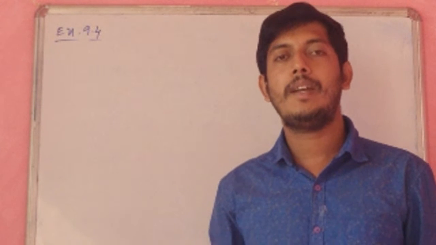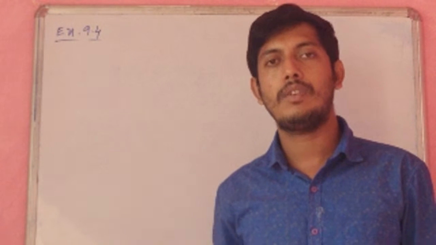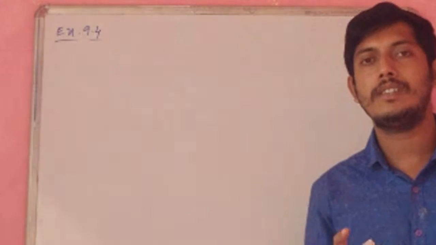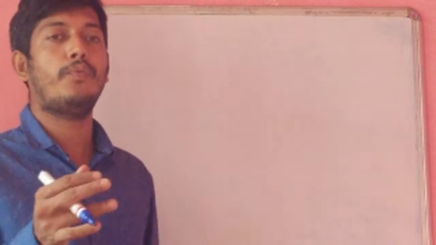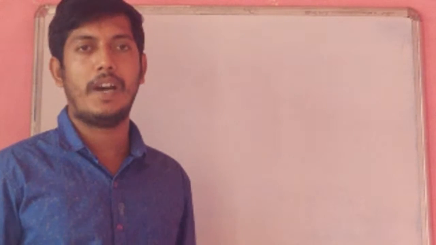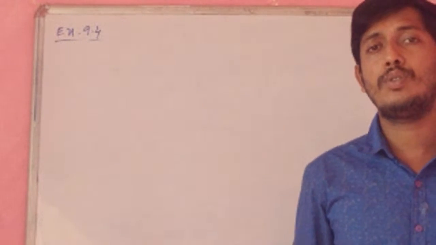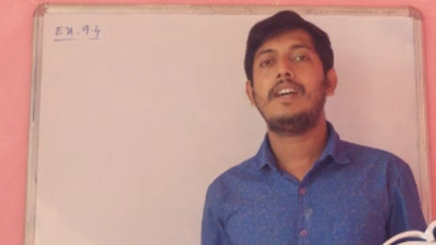Masses m1 and m2 are not given, but instead the force and acceleration are given in both cases. Force 5 Newton is the same for both cases. Based on these values, we have to find the value of m1 and m2. That is the first part of this problem. Then in the second part, they ask us to find the acceleration when both the masses are tied together.